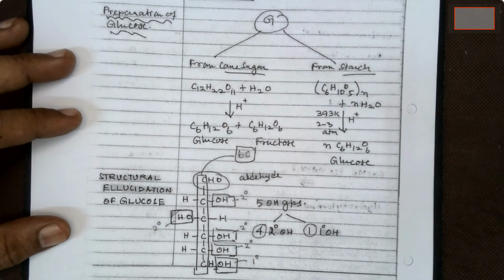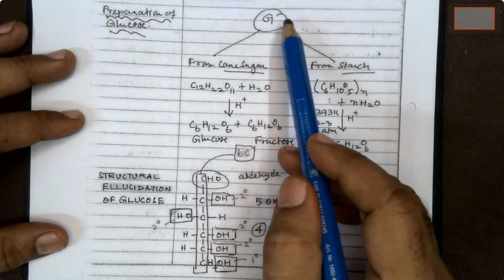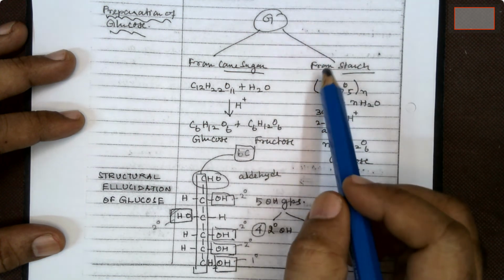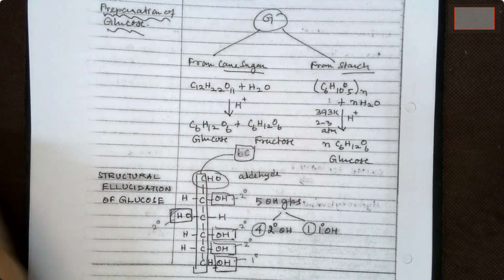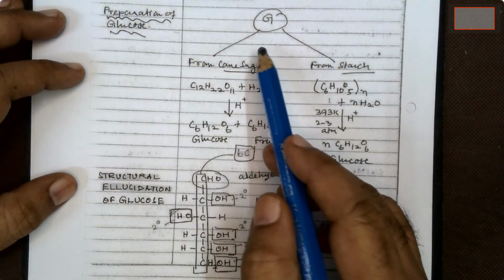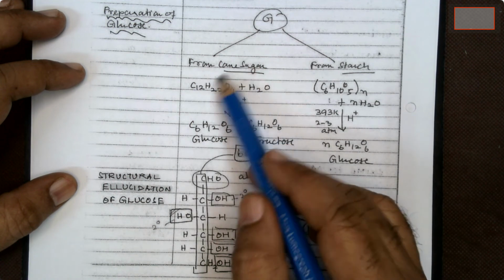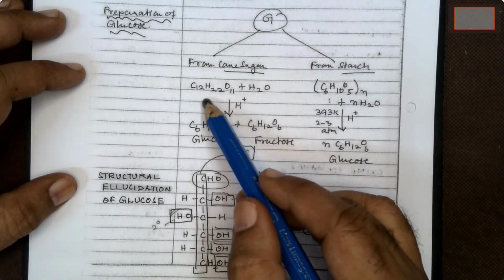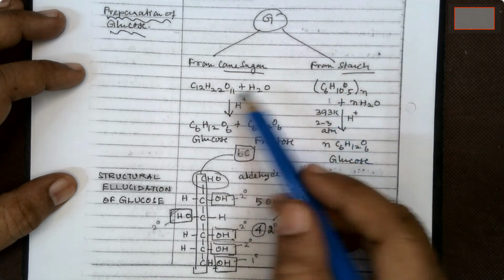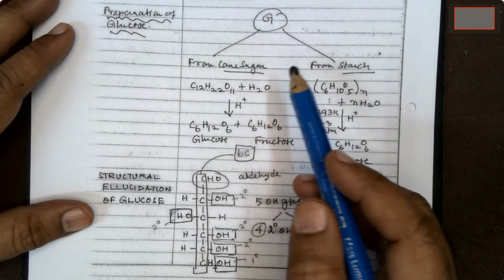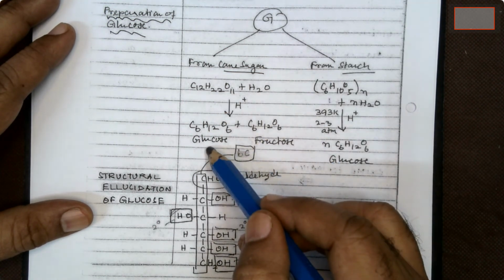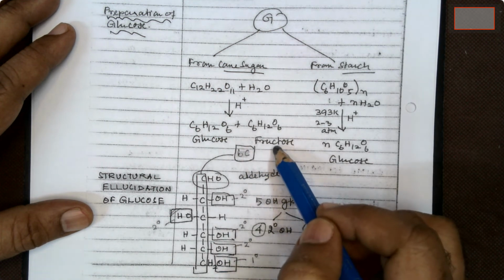Now let me talk about glucose. Glucose is obtained from cane sugar and also from starch. Cane sugar is nothing but sucrose, C12H22O11, a disaccharide. Actually, it's a combination of glucose and fructose. So on hydrolysis in presence of an acid, it gives glucose and fructose.